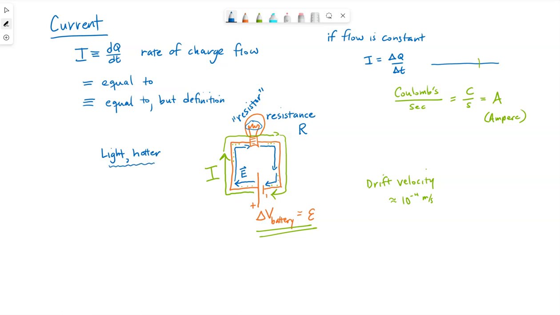What we see with resistors is they convert electrical energy, so these charges that are moving in this electric field have electrical energy. As the current flows through the light bulb, current is not used up, but some of the electrical energy is converted to, in this case, light and these higher temperatures.